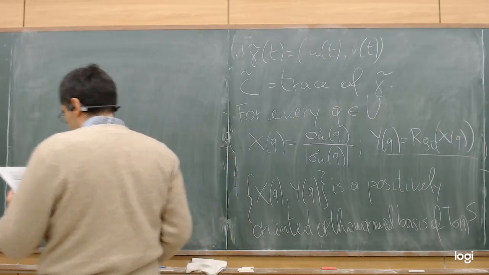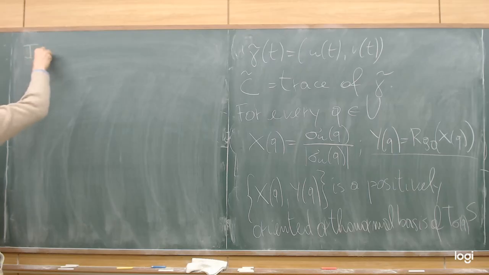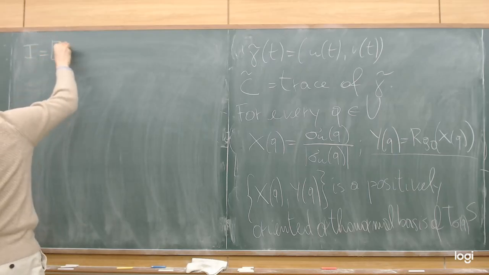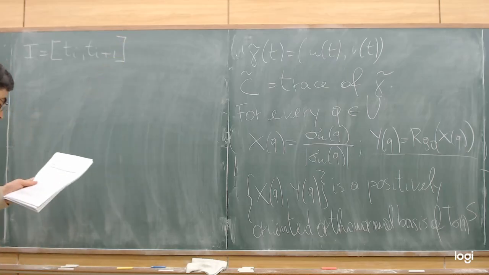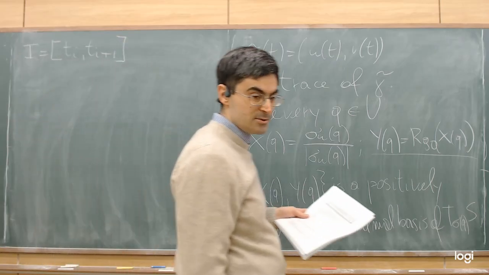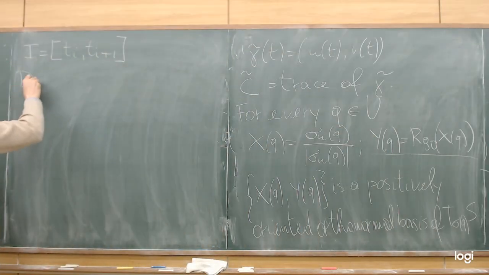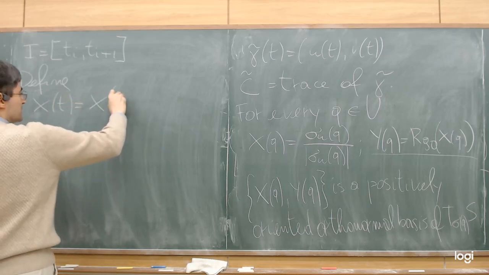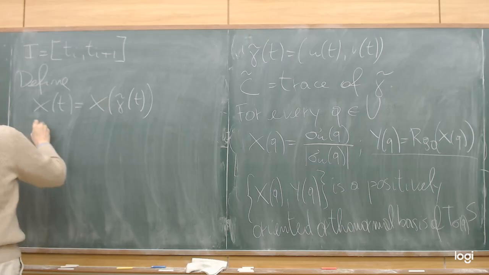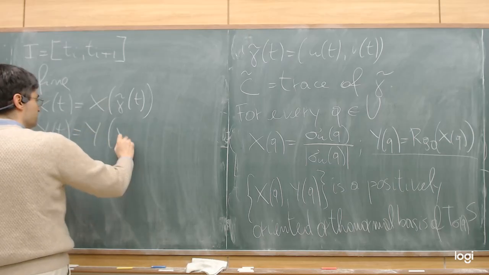Now suppose that I is one of the intervals of the form ti, ti plus 1 on which the curve gamma is regular, and we define x of t equal X of gamma tilde t, y of t equal Y of gamma tilde t.